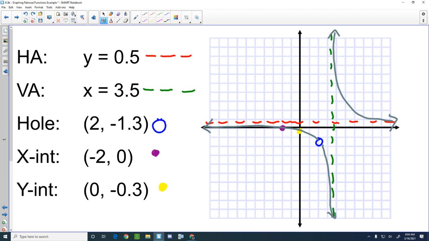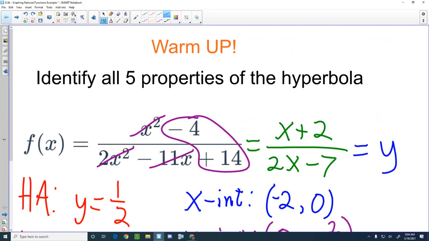If you wanted to, we could take some x value, like 10, for example, and I could plug 10 into my original function here and see what we get, even in the simplified one. Let's see, if I plugged a 10 here, that's going to give us 12 over, put a 10 here, that's 20 minus 7, is 13. So 12 over 13.